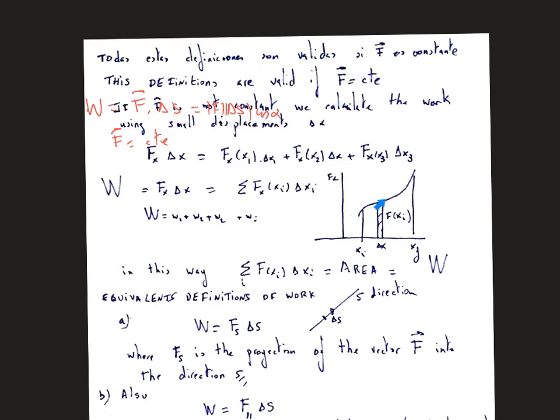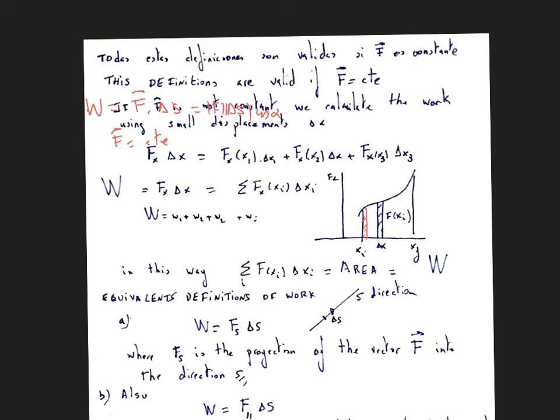For every x, there is a different value of F. We will calculate the work on a small displacement delta x. So we calculate F of x, of this x, by delta x. This is the small displacement here.